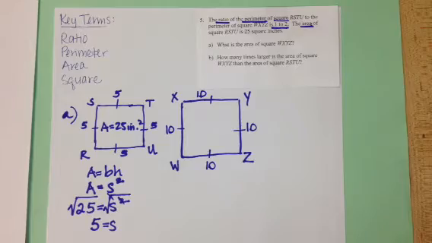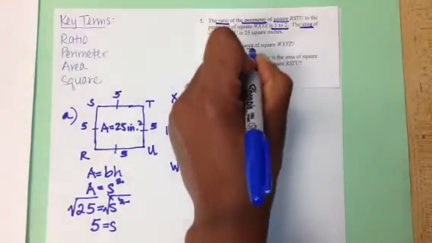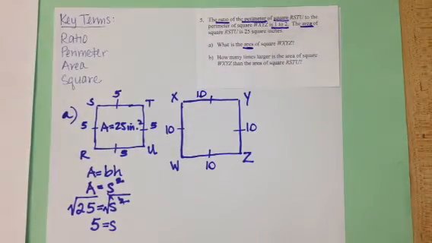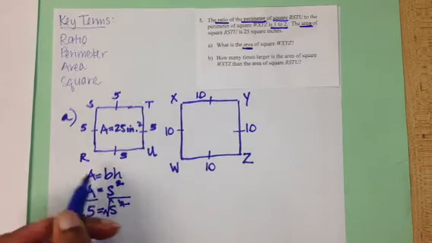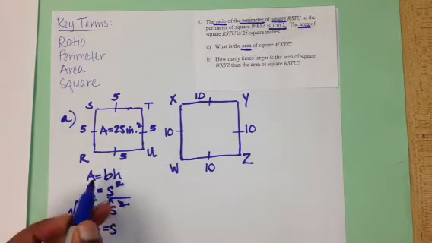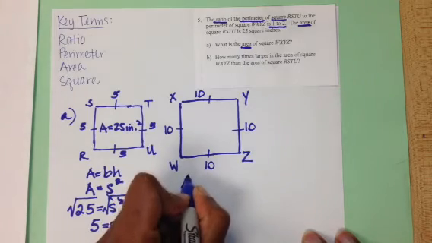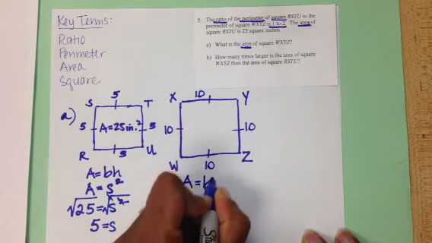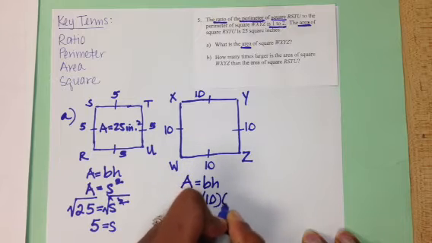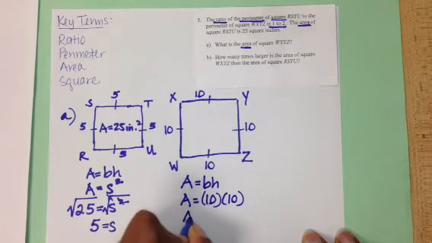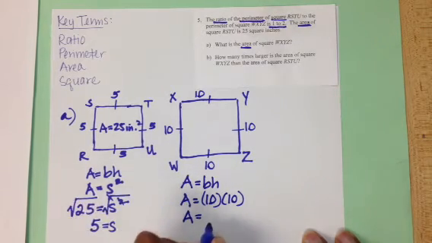The question states, what is the area of the square? If we go back to the definition of area of a square, that's taking the same formula that we used here, A equals BH or A equals S squared, and just plugging that in. So A equals 10 times 10. 10 times 10 gives us 100.